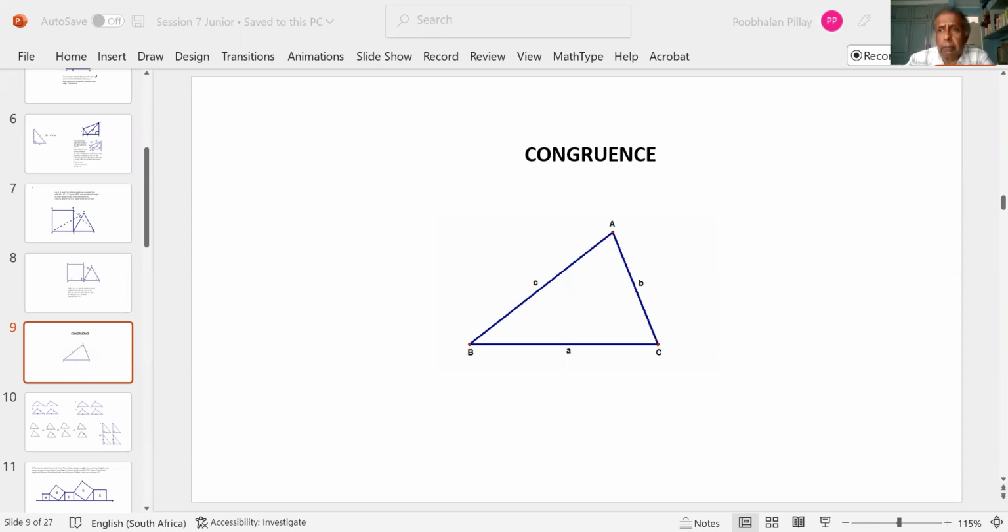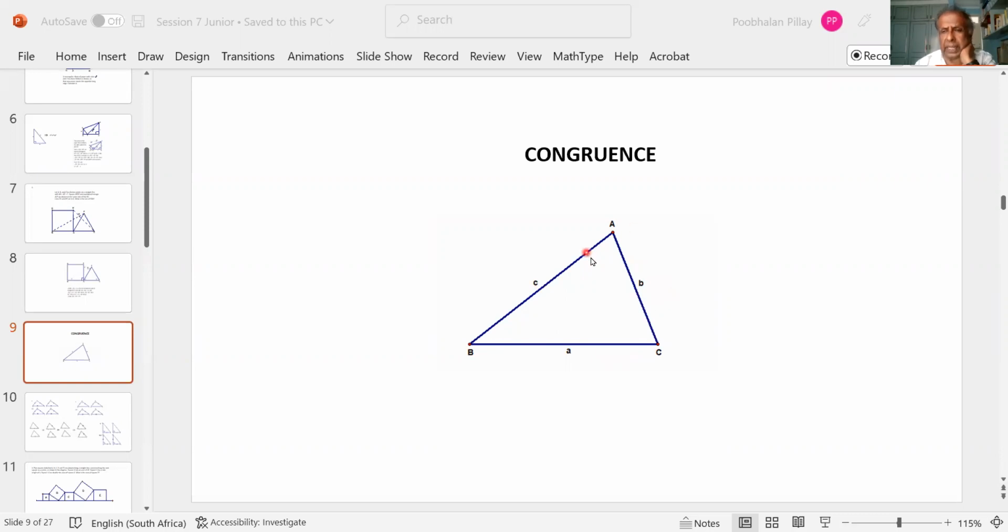So if you look at the diagram in front of you, you will see a triangle ABC, and it's got three sides, A, B, and C. We normally name the side opposite angle A a small a, and the side opposite angle B a small b, and the same with angle C, right?